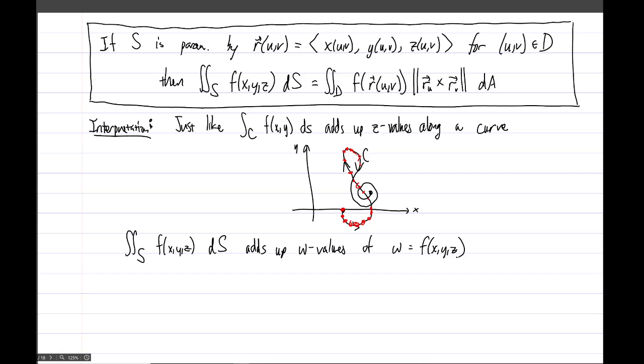So we're just adding up outputs of a given function f, just like we were earlier, but instead of along a curve, now it's for points that are in the surface. It's weird to say along a surface. Along a curve, you just travel in the direction you're given. So we'll just say for points x, y, z in the surface.